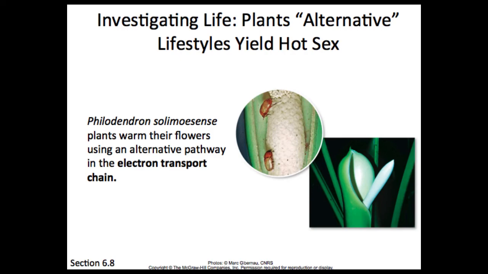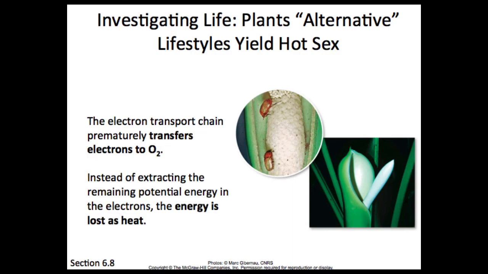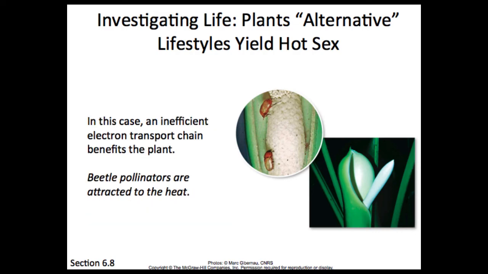But it talks about this plant called philodendron, which is able to warm its flowers. How does it warm these flowers? Well, the electron transport chain prematurely transfers electrons to oxygen. Instead of extracting the remaining potential energy in those electrons, the energy is lost as heat, thus heating up that flower.